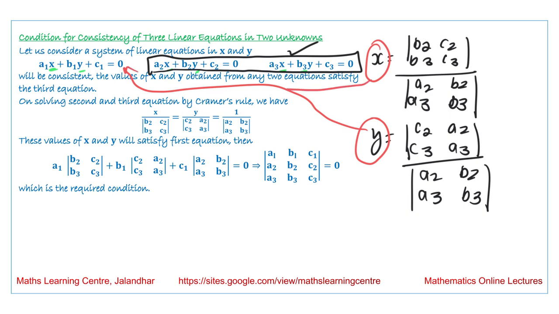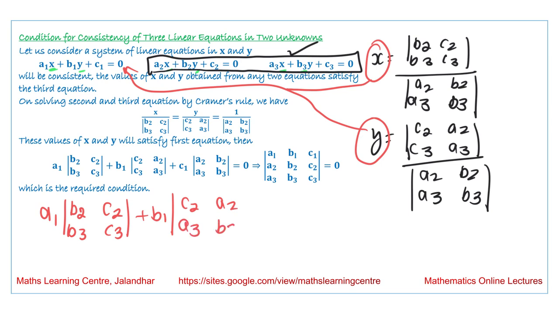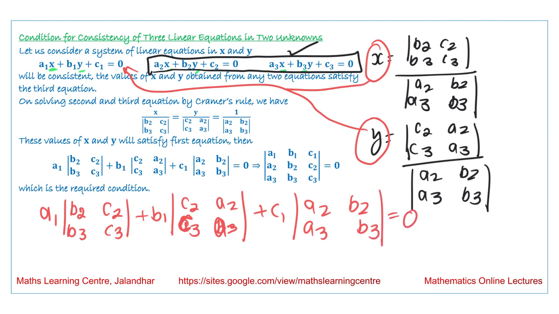So if we substitute these values over here, we will obtain that a1 into determinant of b2 c2, b3 c3, plus b1 into determinant of c2 a2, c3 a3, plus c1 into determinant of a2 b2, a3 b3, should be equal to 0.